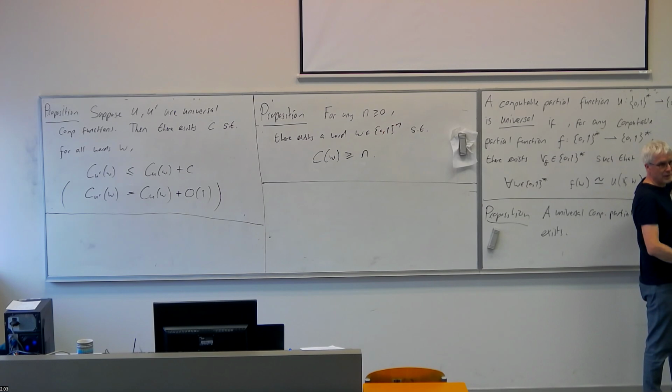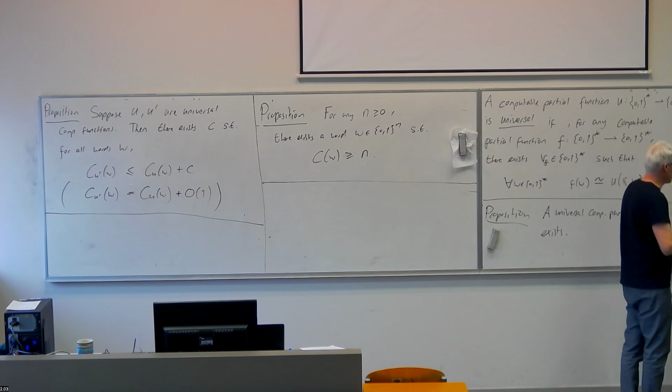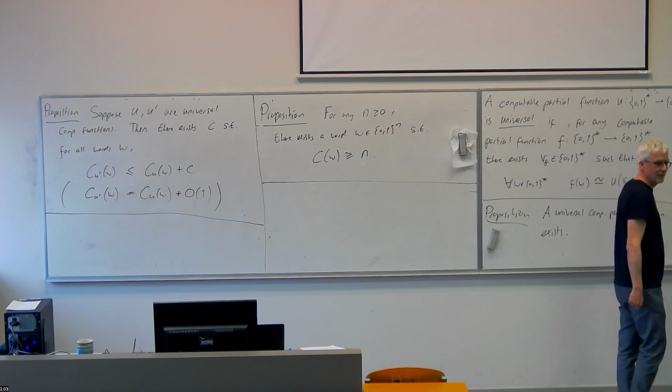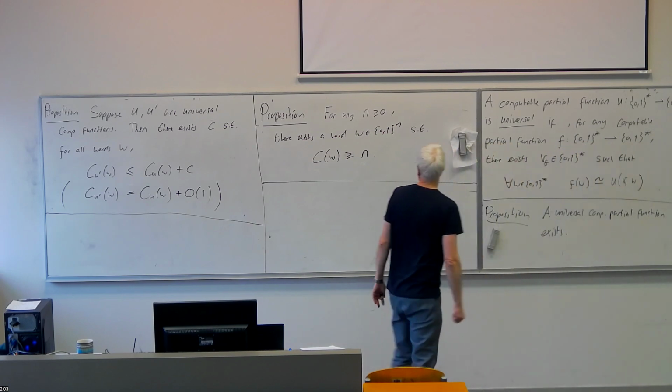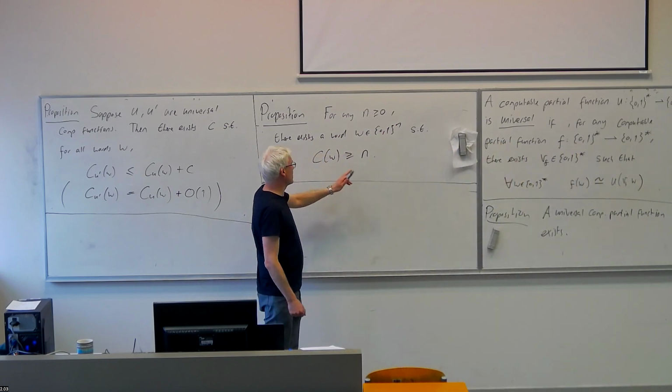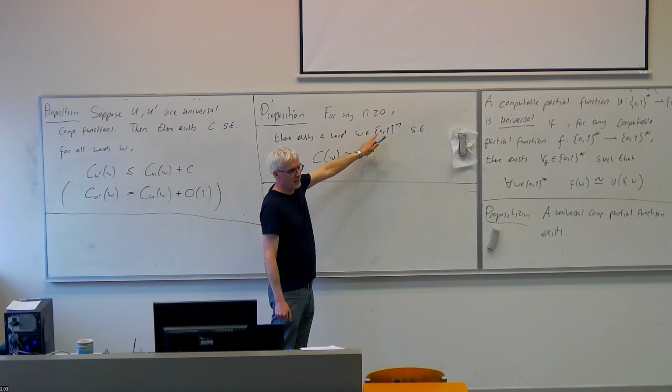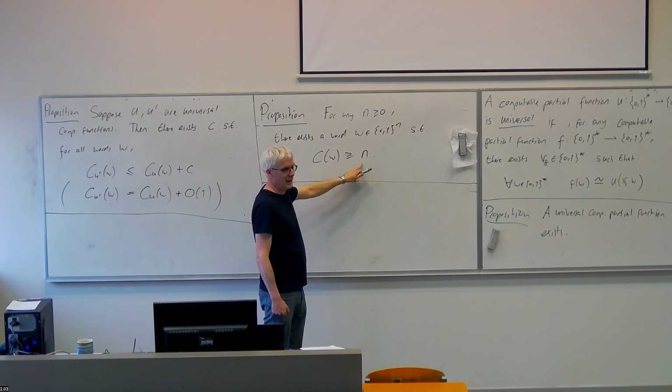Some others might give duplicates. But even if every one were defined and gave us a different word, we would only be using up 2 to the n minus 1 words of length n, and there are 2 to the n of them, so one would be left over, and that word necessarily has complexity at least n.